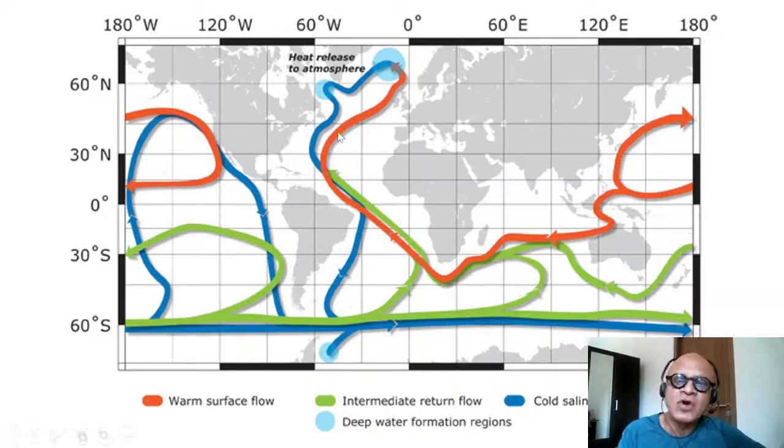So could you have cooled the ocean substantially? It is possible that the North Atlantic, the northern hemisphere, which was heavily glaciated and probably covered with sea ice and so on, was not able to form so much deep water.